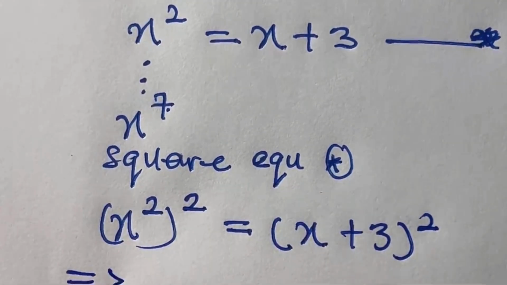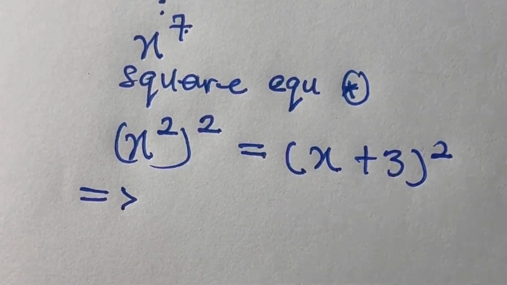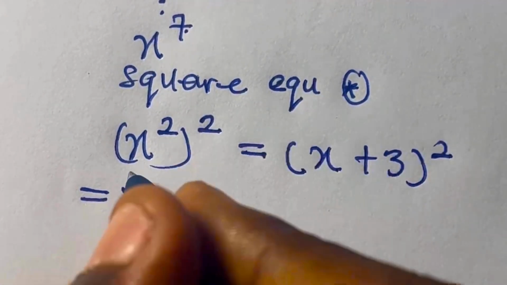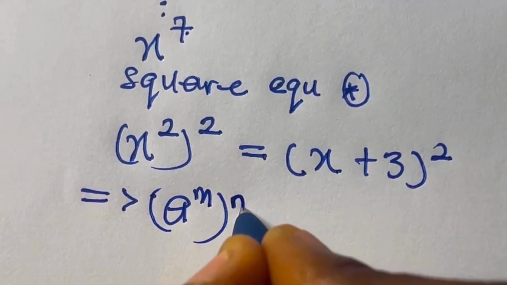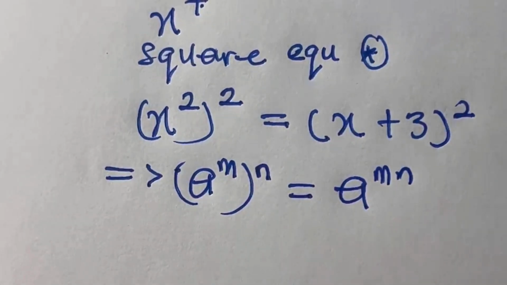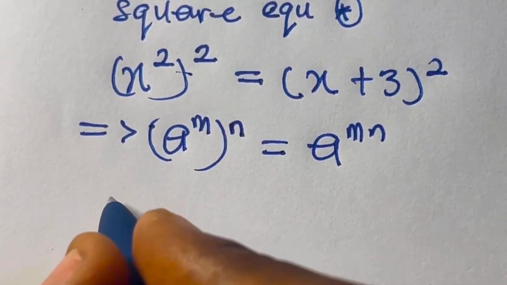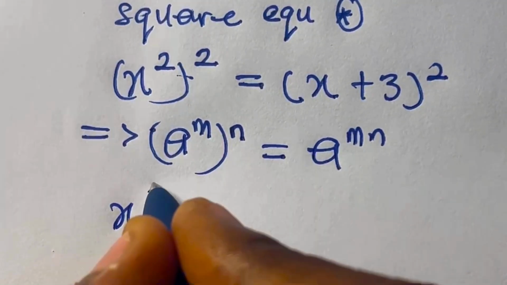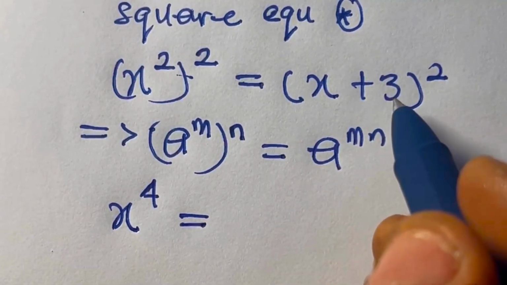But remember that from the law of indices, the product power law, (a raised to power m) raised to power n is a raised to power mn, which implies that this will become x raised to power 4. Now let's expand this.